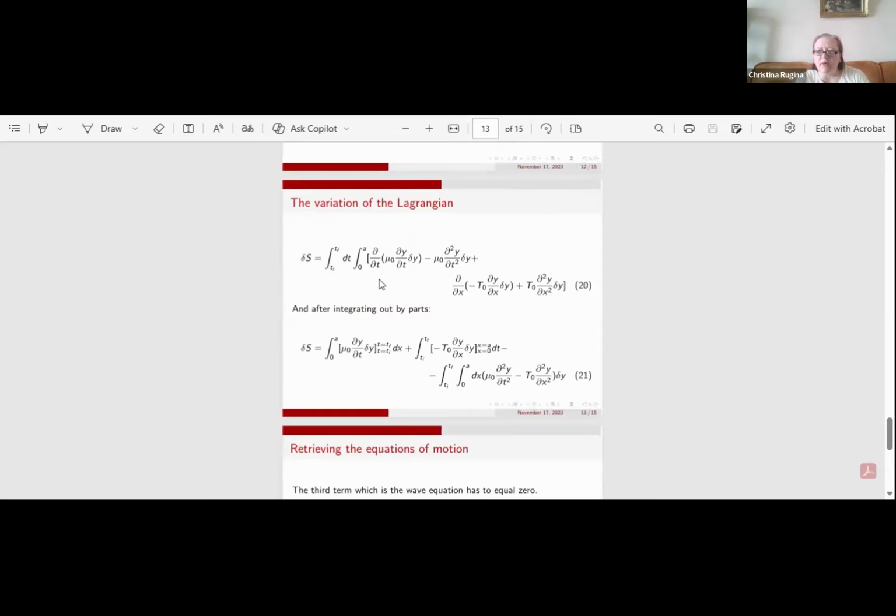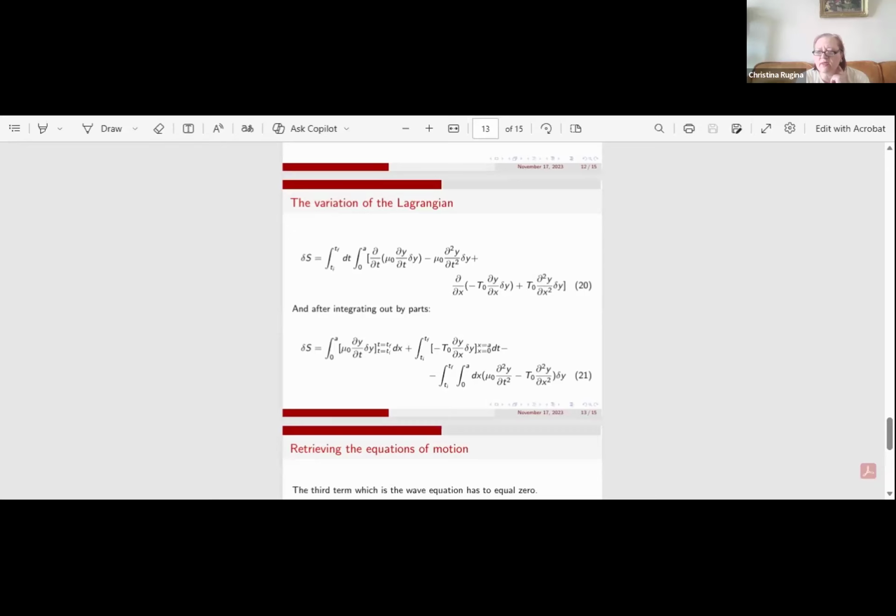So you end up with this term from t equals to t initial to t final. And here, again, the same thing. You integrate over dx from 0 to a. And you end up with this equation.